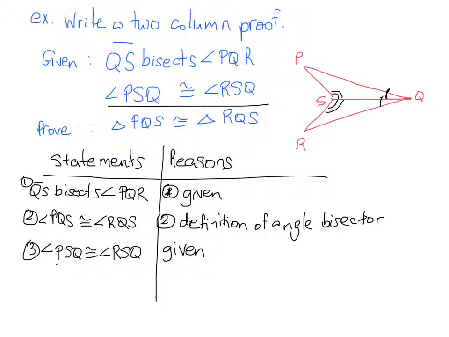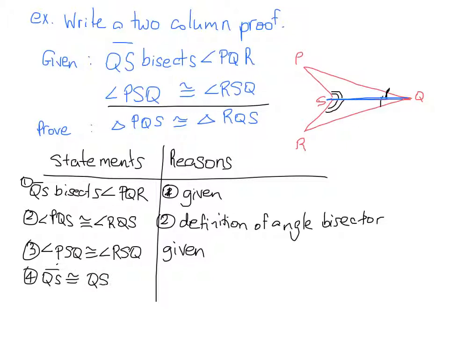All right, so what else do we have here? Well, there is a side that is a part of both of these triangles. That blue side here is a part of both triangles. So because of that, it is equal or congruent to itself. So our fourth statement says that QS is congruent to QS.